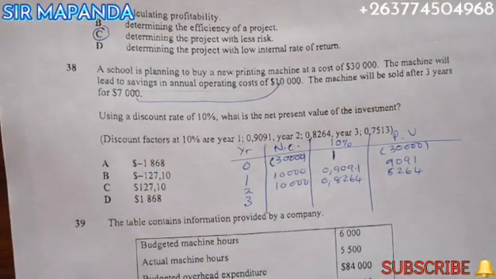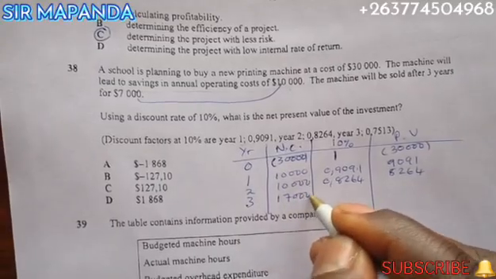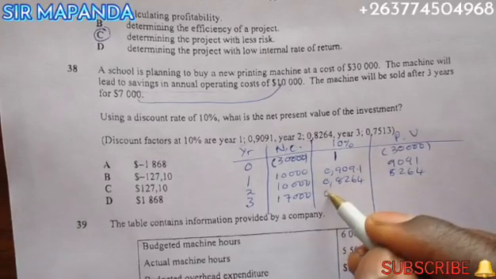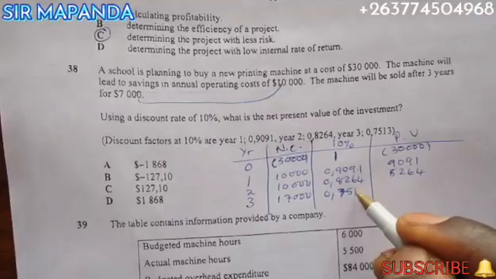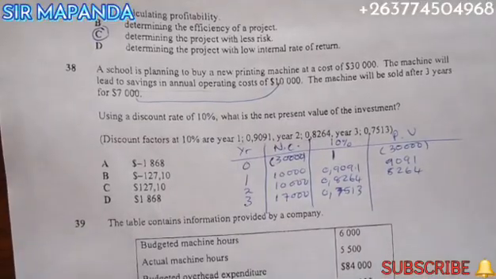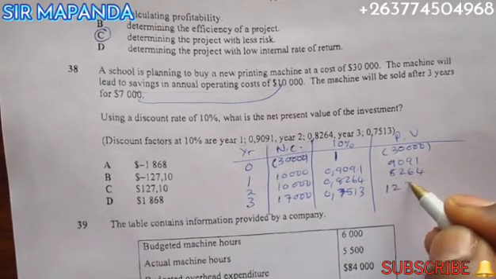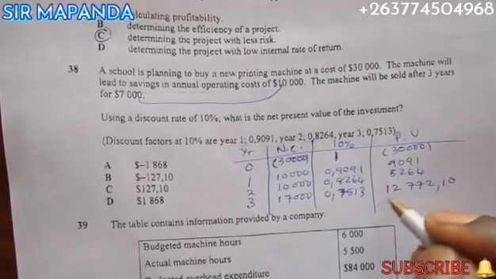Then in year number 3, you don't just write 10,000, but you add 10,000 with the scrap value or the residual value of 7,000, making it a total of 17,000. Multiply this by the discounting factor of year number 3, which is 0.7513. So 0.7513 times 17,000, you get 12,772.10.